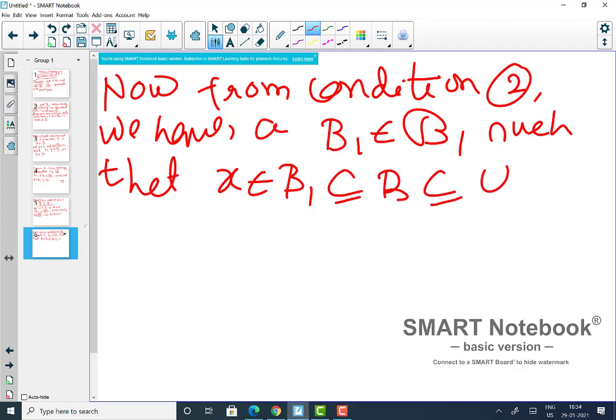So what does that mean? That means I have a basis element B1 of the topology tau 1 which is inside U, right?